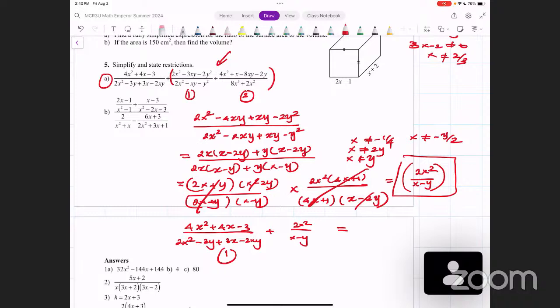So you need to do factoring the denominator again and find the greatest common factor.